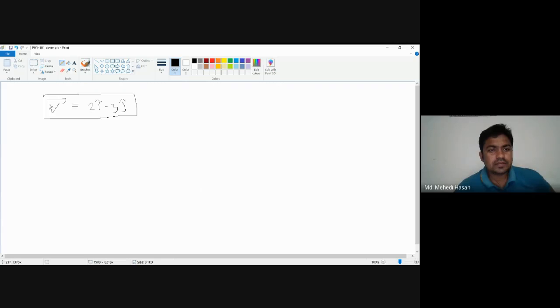The velocity of a projectile is given like that, v equals 2i minus 3j at a certain time, and from that information just tell me, has that particle crossed the maximum height or not, and explain also.